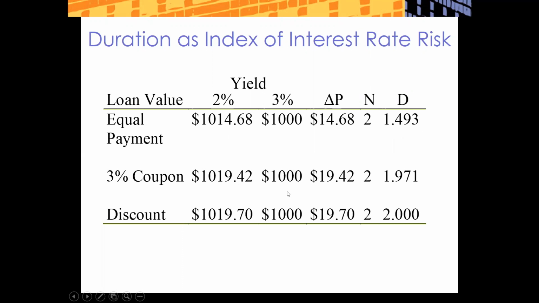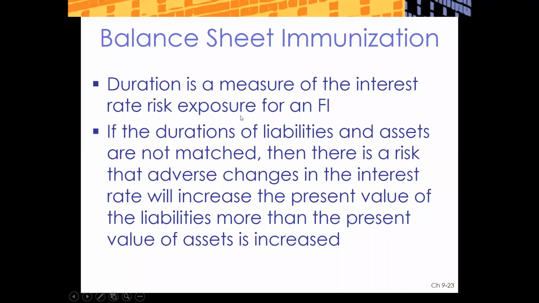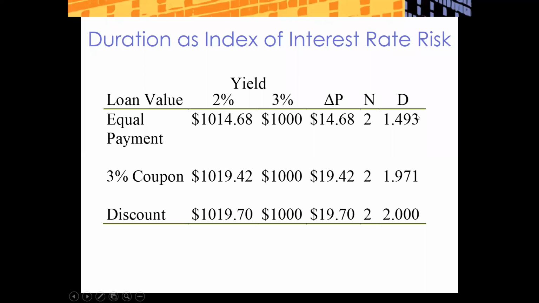And here we have the change in price. The change in price will be $19.42. So it becomes $1,019.42. And the third type of loan changed by 19.70. So here we can come up with the conclusion that the change in the interest rate is taking into consideration the duration itself.